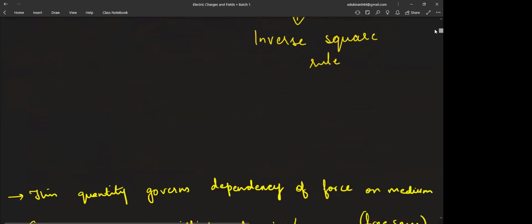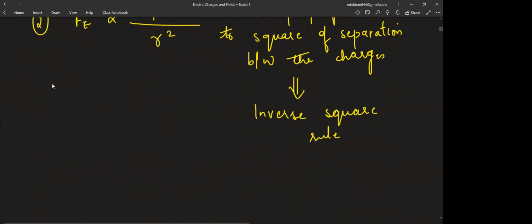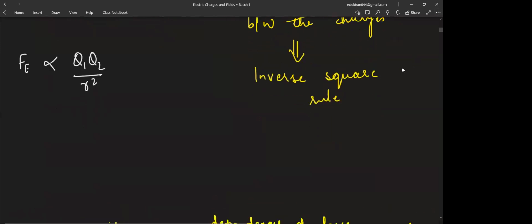So once you have it all together, Coulomb's law says force is proportional to Q1 into Q2 by R square. Now in mathematics, whenever we have to remove the proportionality sign, we put an equal to sign with a constant. So K comes: K into Q1 Q2 by R square.